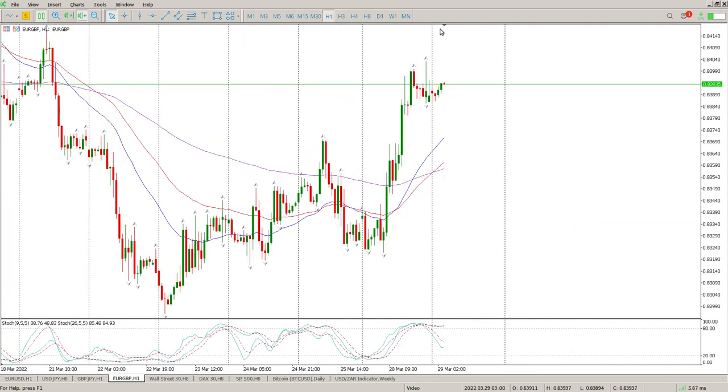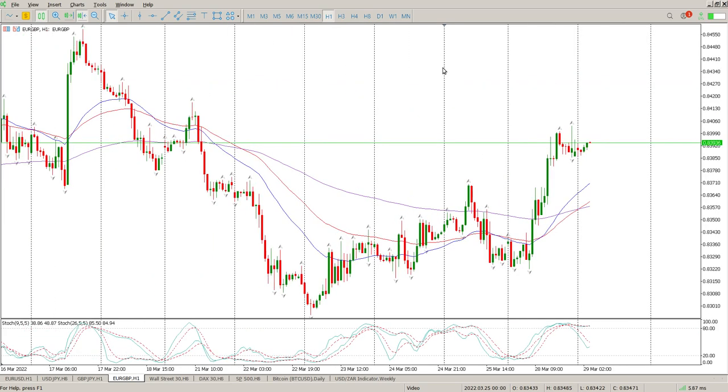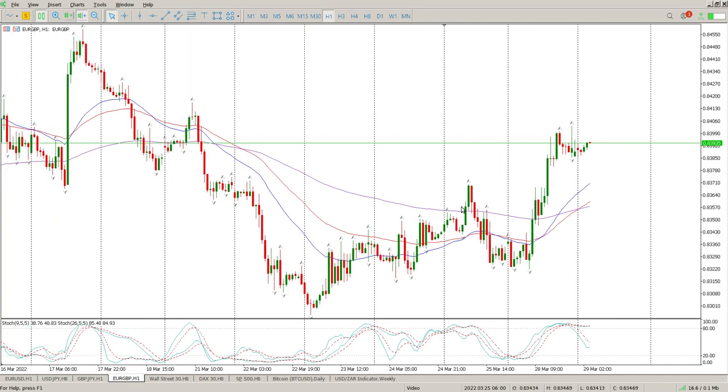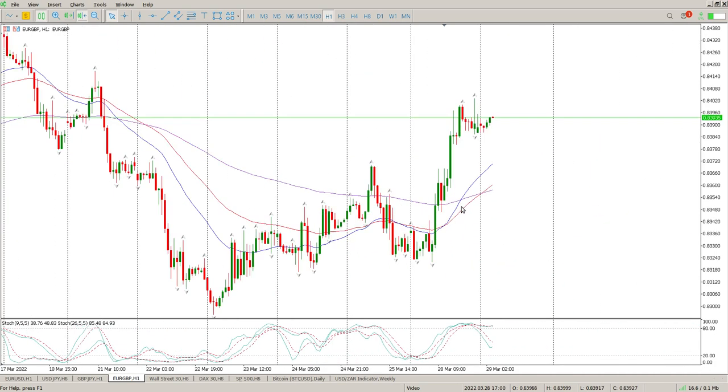So for me, it is kind of all over the place. No real structure. You can see yesterday we were looking to reject the moving averages, and then we're back above the moving averages, crossing over far apart again. So it could be a situation of strong move today, consolidation, strong move up again. But it's really messy. It's not something that I really want to be trading. So for this pair, I am definitely sitting on hands.